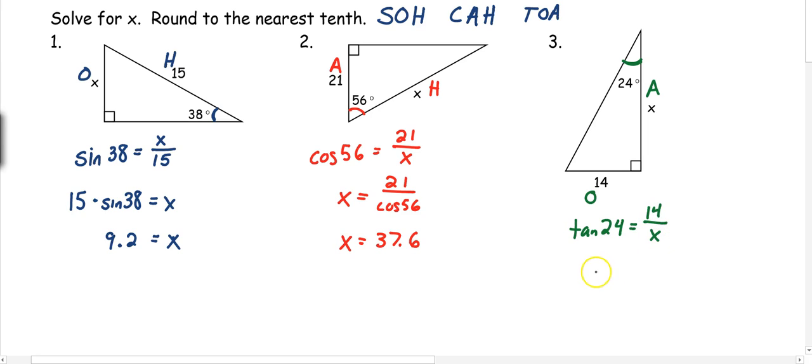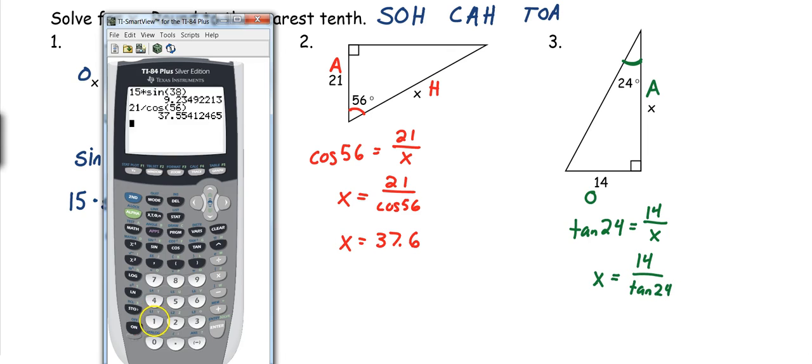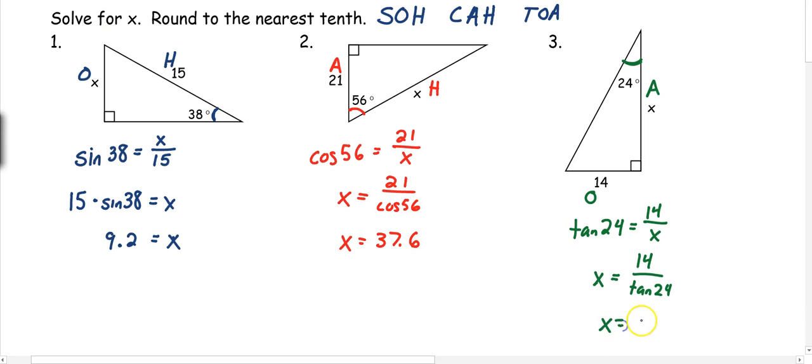Again, my variable's in the denominator, so it's going to switch positions with the trig function. So x equals 14 divided by the tangent of 24. So in our calculator, 14 divided by tan, which is above the closed parenthesis, 24. And we would get that x is equal to 31.4.